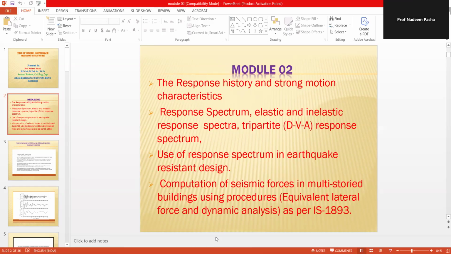Next, we need to study response spectrum, elastic and inelastic response spectra, tripartite response spectrum, use of the response spectrum in earthquake resistant design, and computation of seismic forces in multi-story buildings using procedures of equivalent analysis and dynamic analysis.